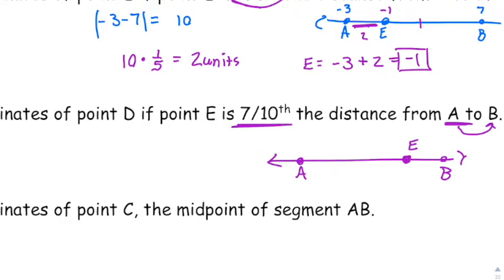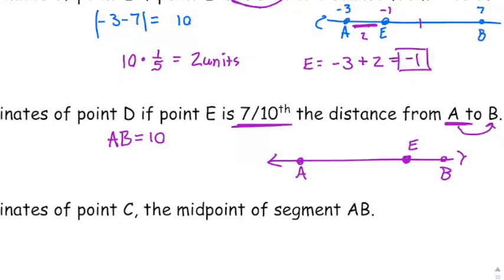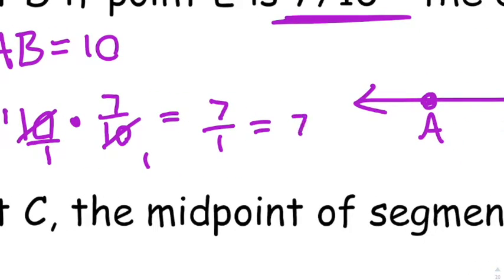We'll get the distance, so we know AB was 10, just like from the previous one. So then we're going to do what we did up here, except instead of multiplying the distance 10 by 1/5, now we're going to multiply by 7/10. And if you think back to middle school, you could write that as 10/1. You could say, hey, the 10s reduce, and then it's 1 times 7, which is 7. 1 times 1 in the denominator would just be 1, which means it's going to be 7 units away.